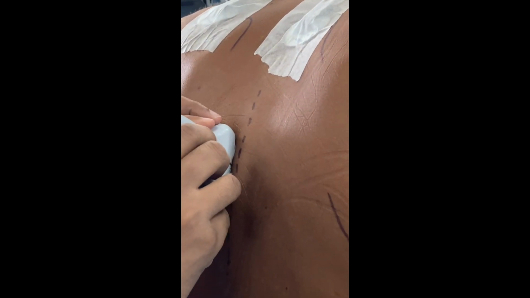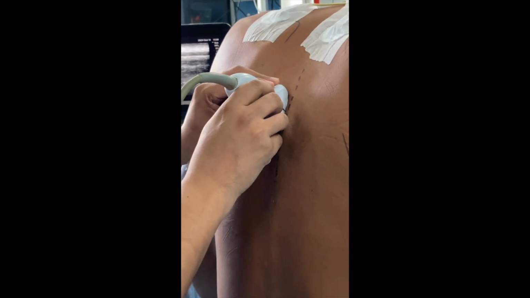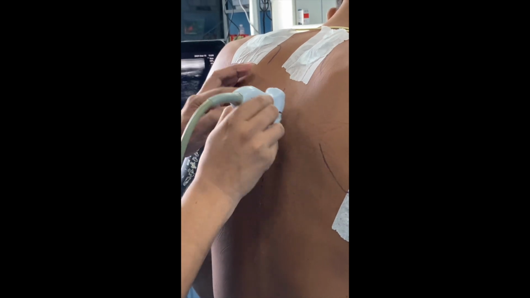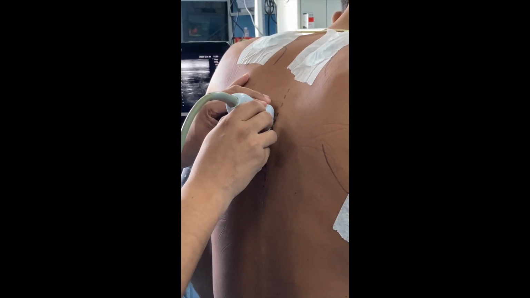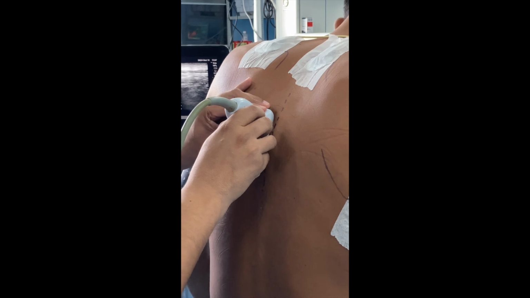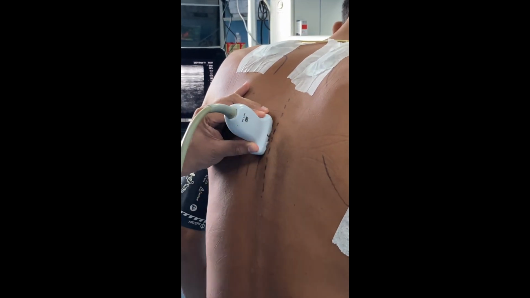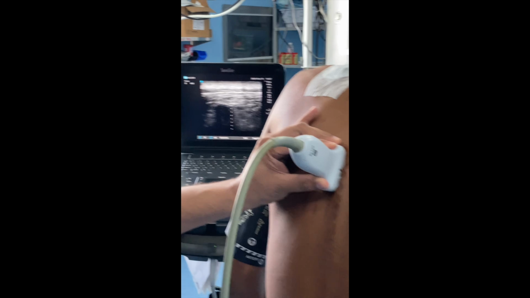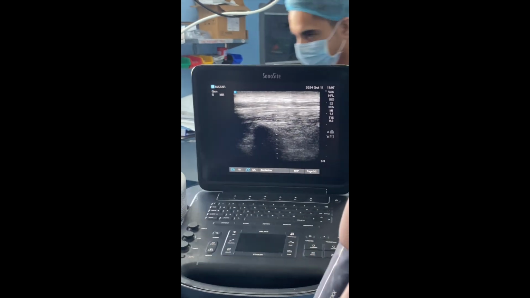Then you move your probe further to the medial side. Now you will see the sonoanatomy of the transverse process. Here you will see a flat line with acoustic shadow.